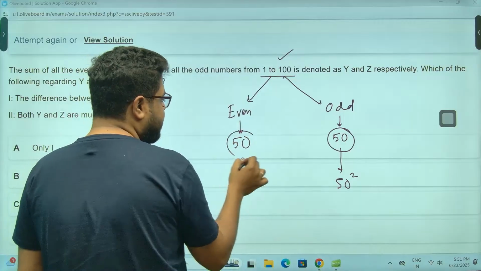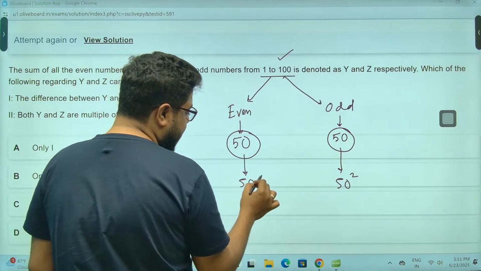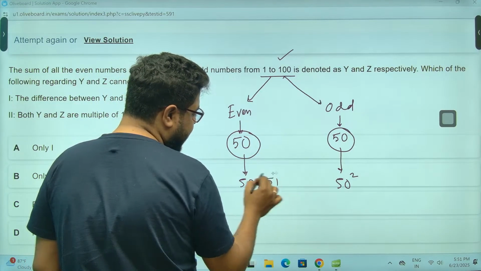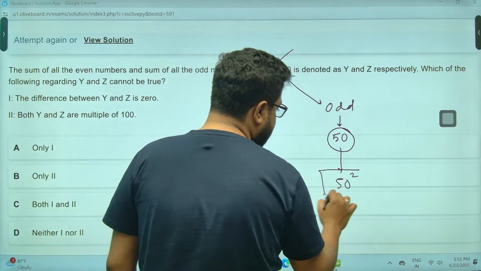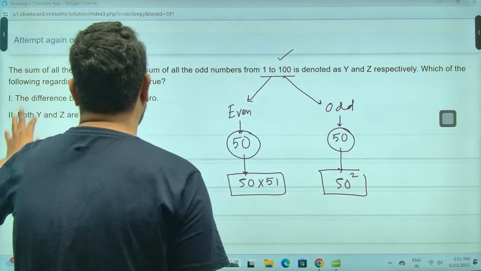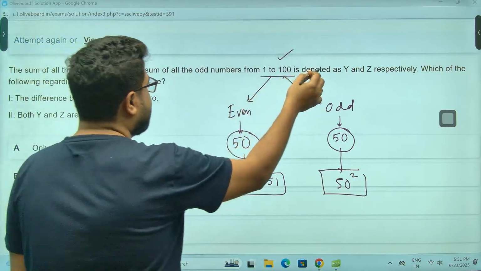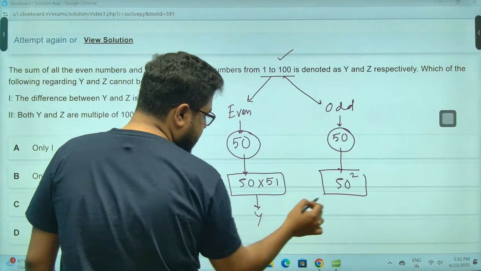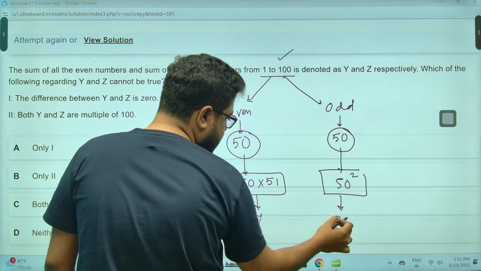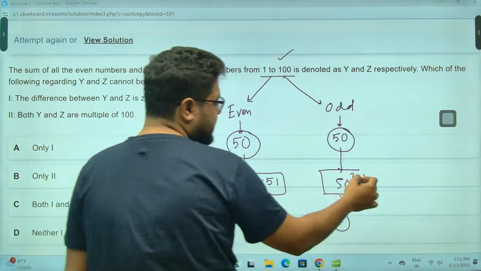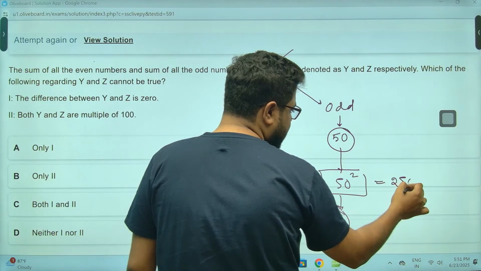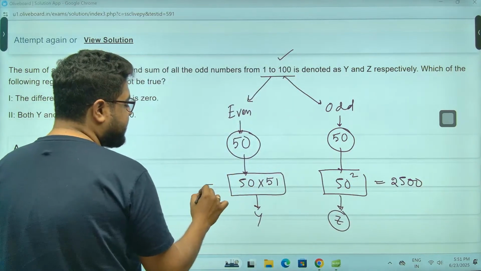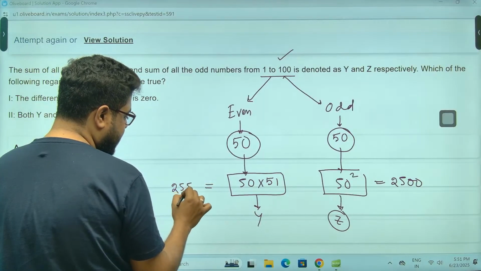And for even numbers, the formula is n into n plus 1, that is 50 into 51. Sum of even is y, and sum of odd is z. This is 2500. And this is 50 square plus 50, meaning 2550.